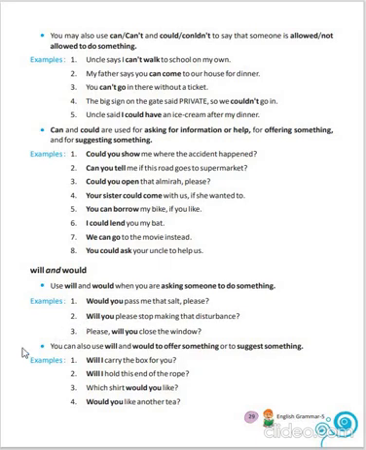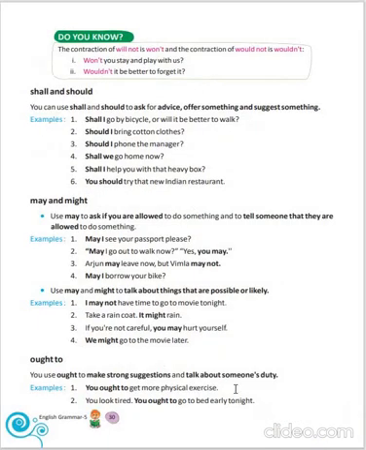You can also use will and would to offer or suggest something, like will I carry the box for you? Will I hold this end of the rope? So in this way also we can use will and would. Similarly, the contraction of will not is won't and would not is wouldn't.